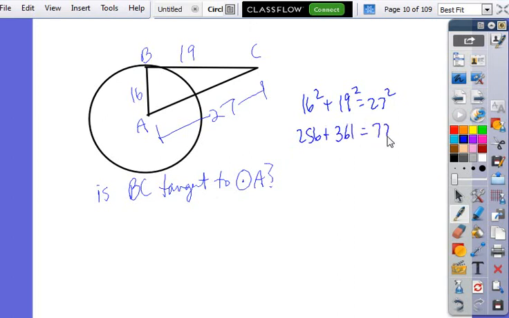So this winds up being 617 equals 729. So what does this mean? Not a right triangle. So that means it's not tangent, because it doesn't make a right angle.